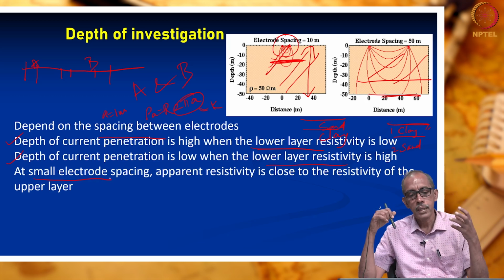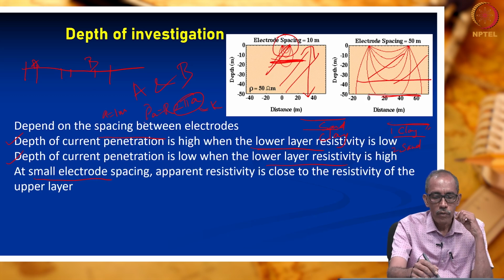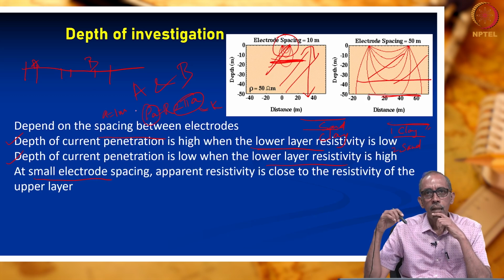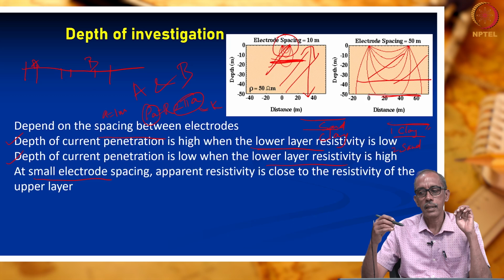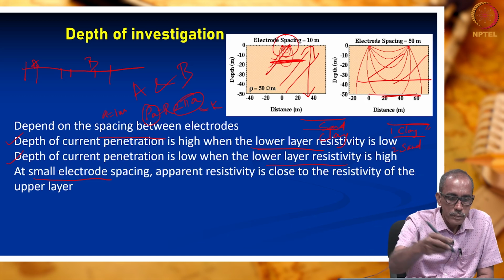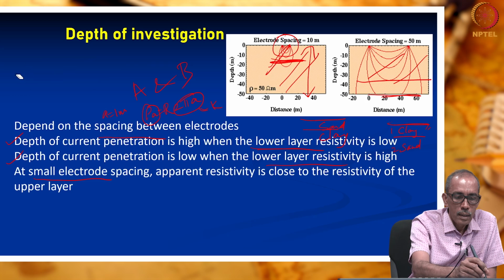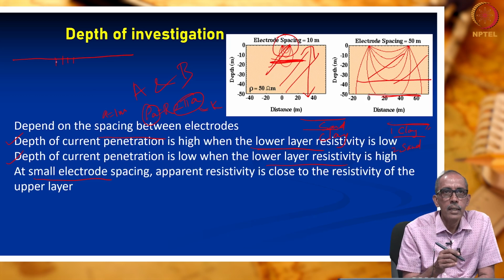that is what I am writing here. When electrode spacing is very small, the apparent resistivity which we have calculated is more or less equivalent to the true resistivity of the topmost formation. Is that clear? For example, if I draw here, this is the ground surface, and the distance between the electrodes is very close, just 1 meter.